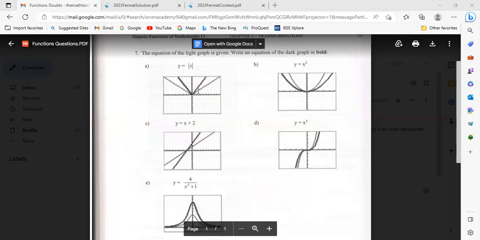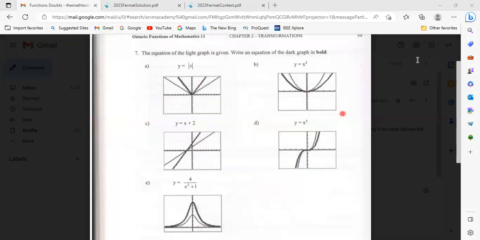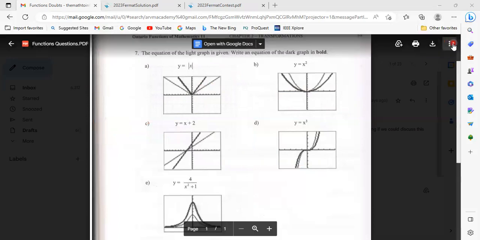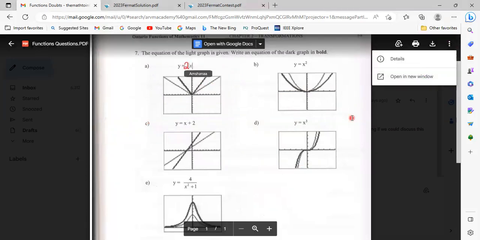It would have to be something greater than 1. If you have something greater than 1, then the values will become smaller, like it will go more narrow. But I can't find the exact value because the graph isn't that clear.